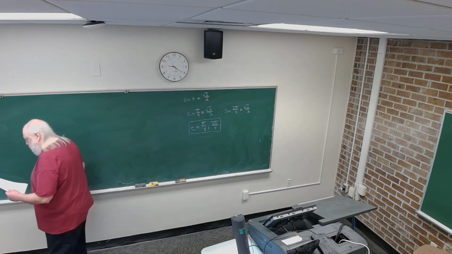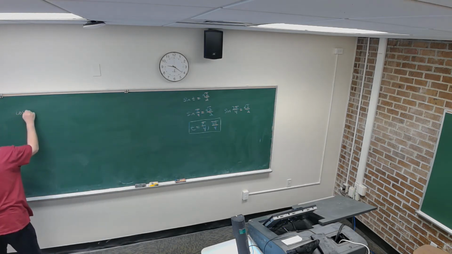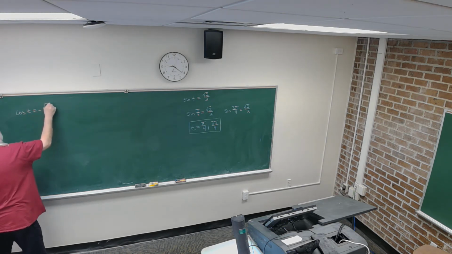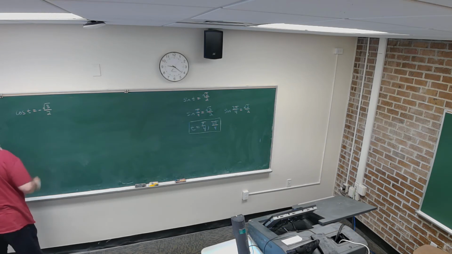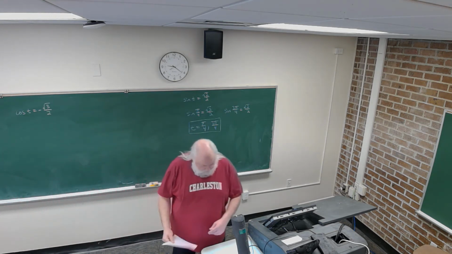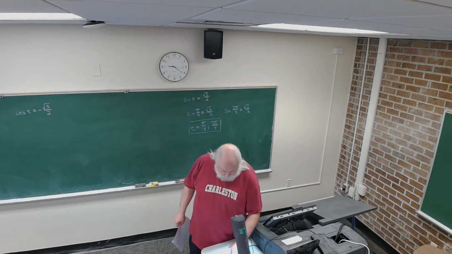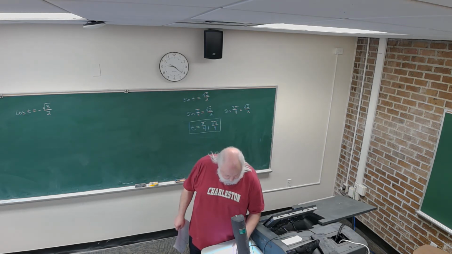All right. And the next one, we have the cosine of t is equal to minus the square root of 3 over 2. So again, starting here at the angle 0, as we go around the unit circle, we look for an x coordinate of minus square root of 3 over 2.